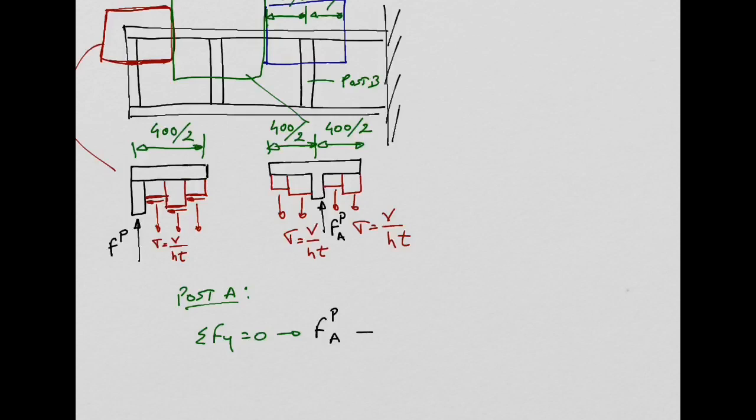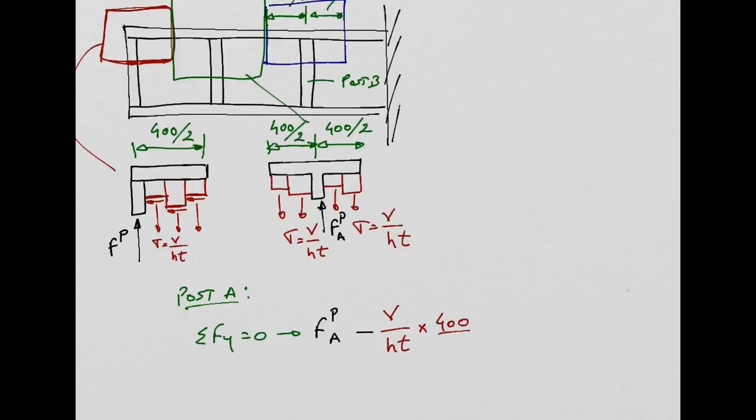Now we have minus the contribution on this side, this left side of the post, which is going to be the stress, which is V over HT. I'm going to write like this and then we can replace. So this is a stress. I need to multiply this by an area to get the force. Which area is that? Well, I need this 400 over 2. That's why I need this.